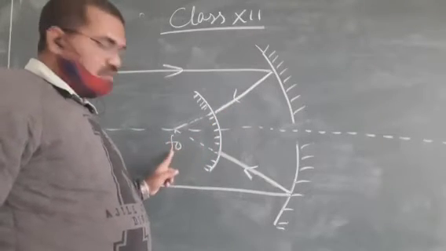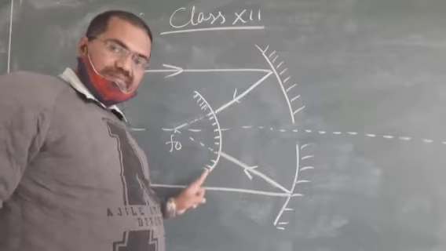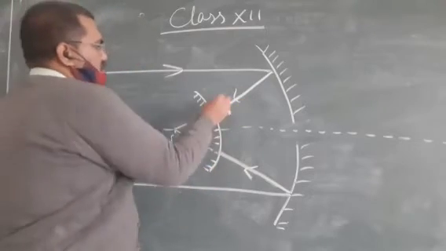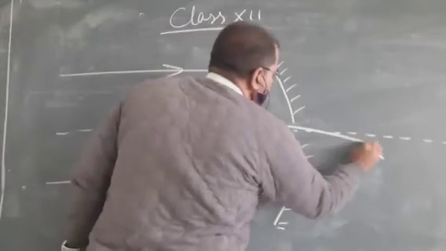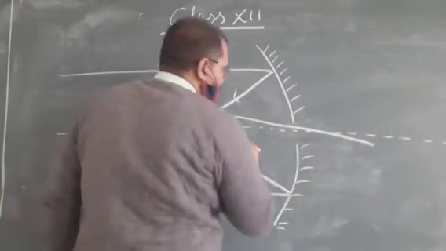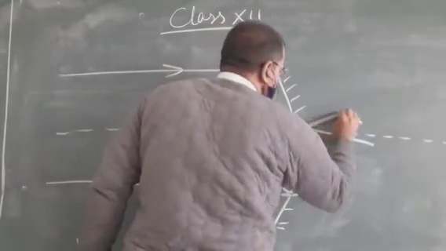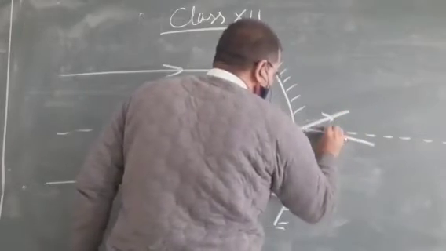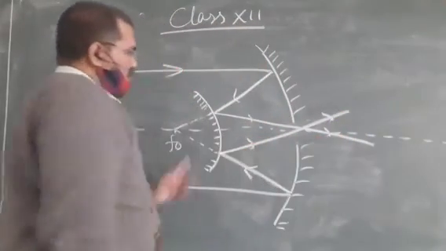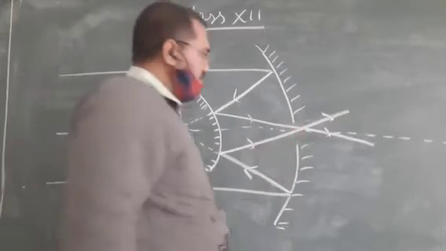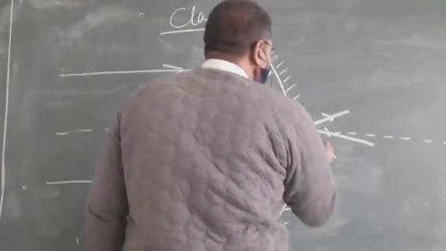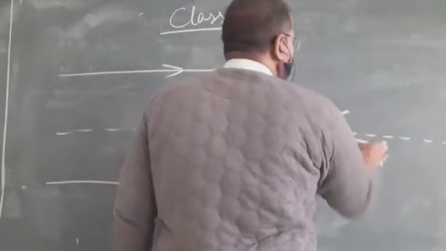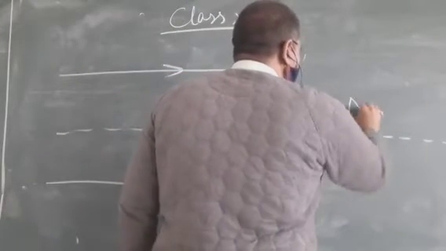So this is the virtual image for the convex mirror. So after the second reflection by the convex mirror, the image is formed at this position. This is seen by the eyepiece.